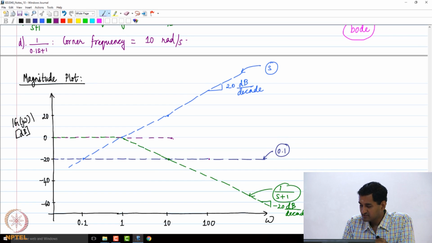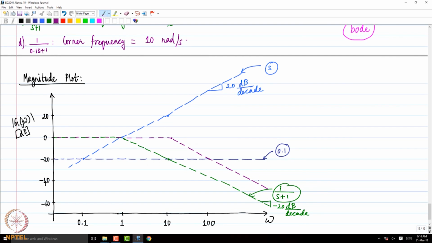And then I just draw a line that passes through this point. So that's my magnitude plot, of course the asymptotes, for the factor 1 divided by 0.1 s plus 1. Even this has a slope of minus 20 decibels per decade. So that is the slope.